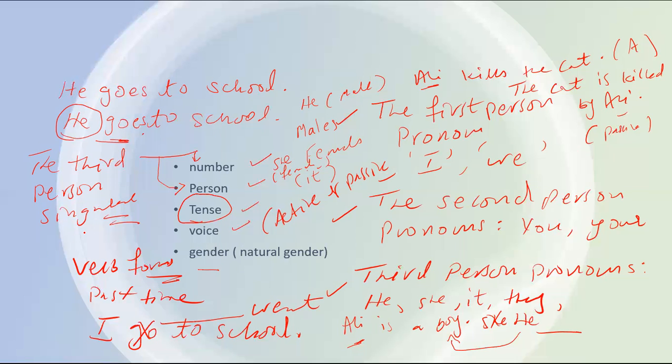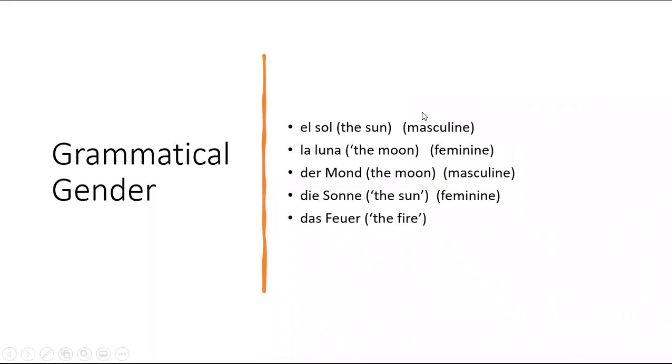Now let me tell you about another important aspect, which is opposite to natural gender. Let me introduce it on the next slide. Okay, here we are. Now I would like to introduce the concept of grammatical gender.